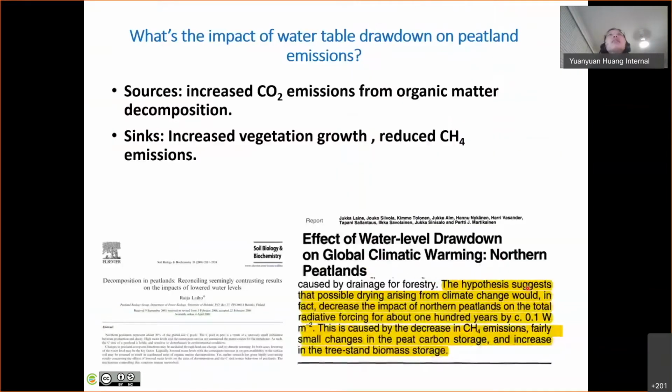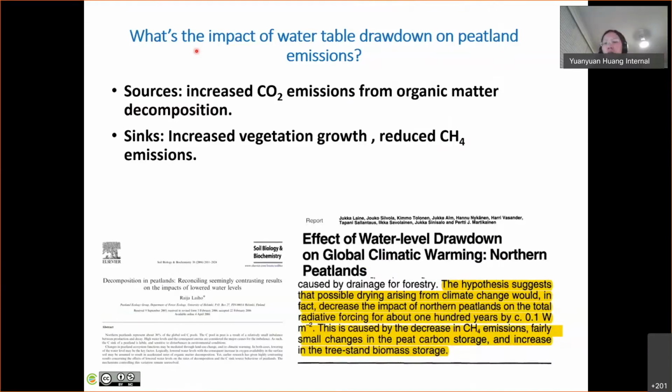So people have been studying the impact of water table drawdown on peatland greenhouse gas emissions for decades. Some people generally think that water table drawdown will turn the peatland into a source because of the increased carbon dioxide emissions from organic matter decomposition.